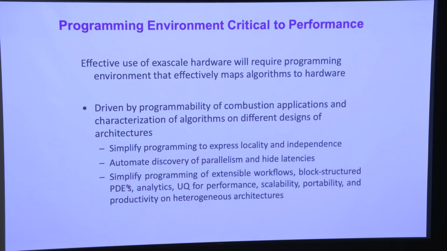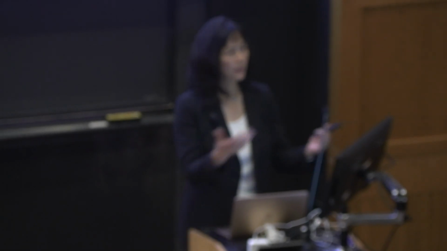So using their runtime system, it could automatically discover the parallelism and hide latencies by interleaving various tasks that don't depend on one another. And that is dynamic and depends, of course, on the particular data, because different data behave in different ways.